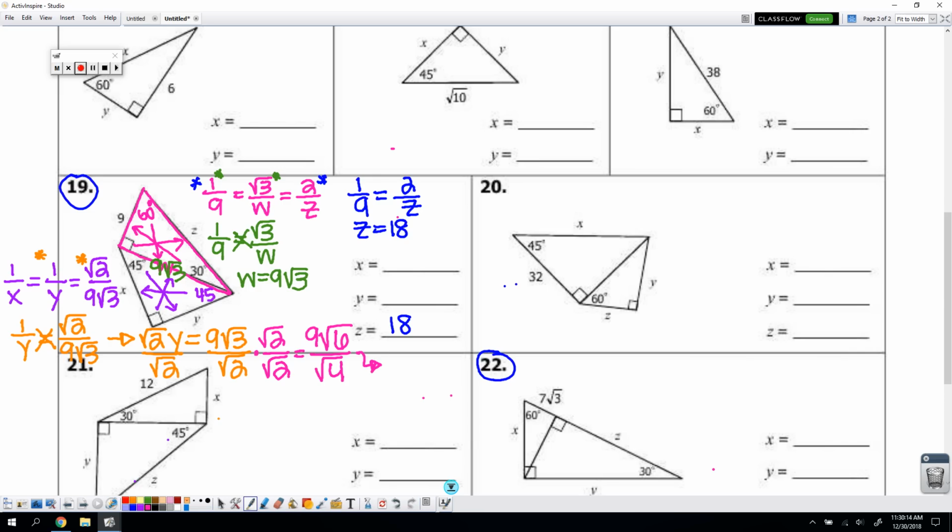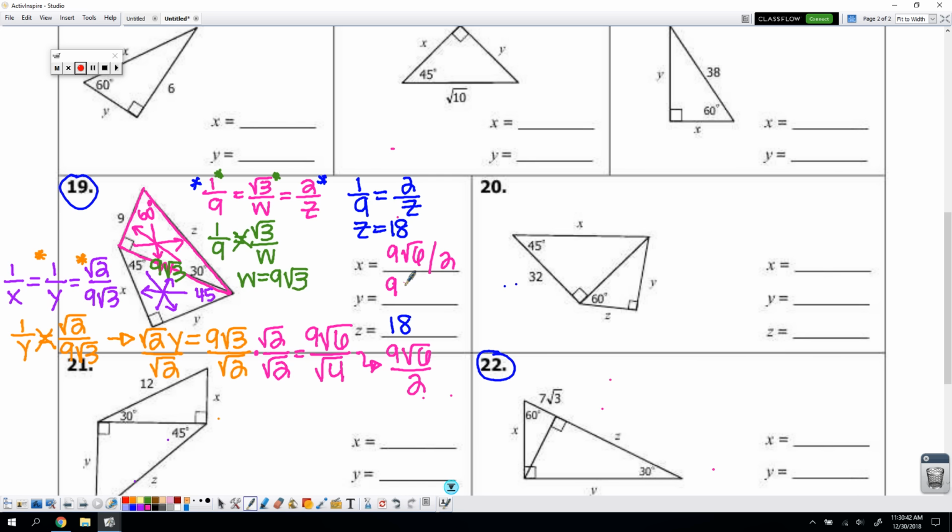I'm going to bring it down here so it doesn't get in the way of z. Then we have 9 square root 6. What is the square root of 4? It's 2. So because 6 is inside of a radical, it cannot simplify with 2 because it's not inside of a radical. So that is your final answer: 9 square root 6 all over 2.